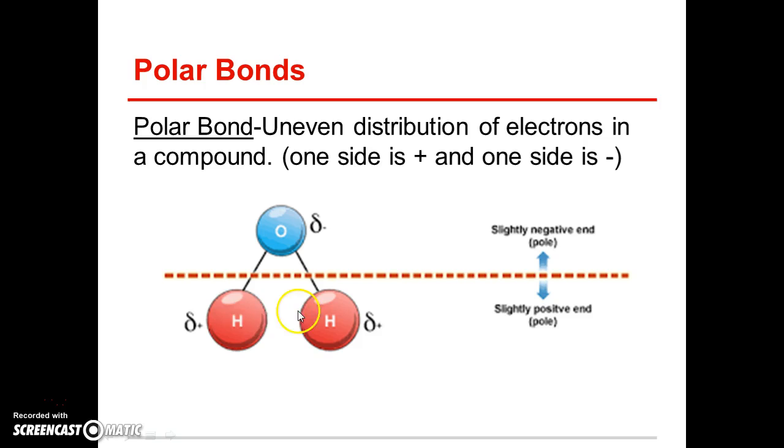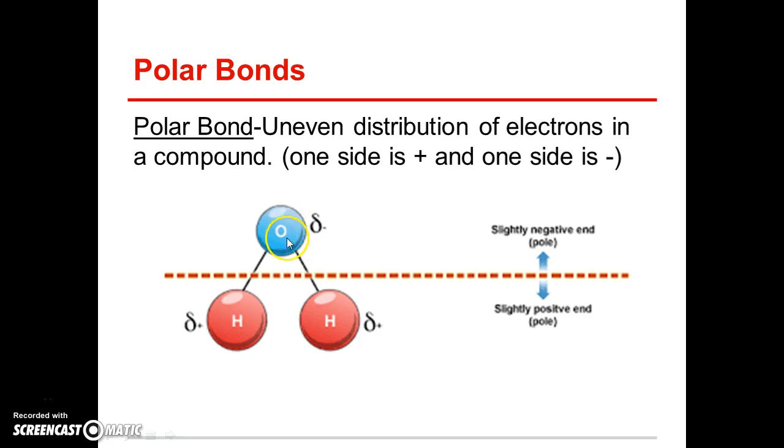When you have water, these H's and their extra protons have a slightly positive charge here, and then here they have a slightly negative charge from this oxygen. Even though the whole molecule is neutral, and you learned that in your reading, it is not equally shared. Those electrons are not equally shared. It's a covalent bond, they are sharing, but they're not equally sharing.